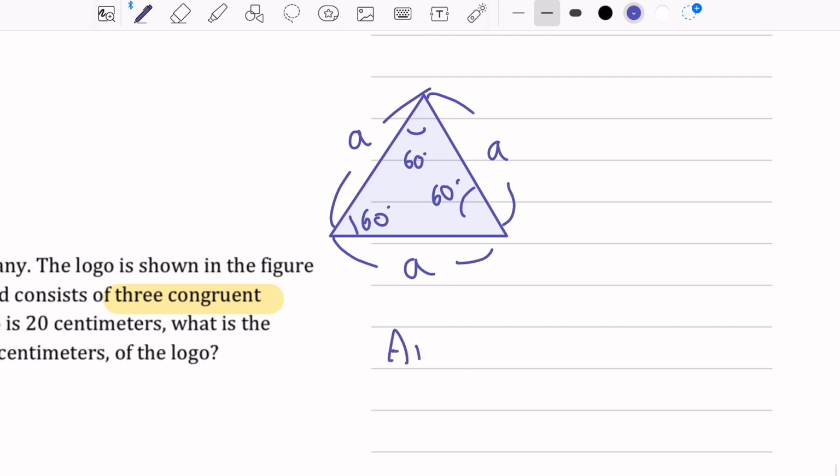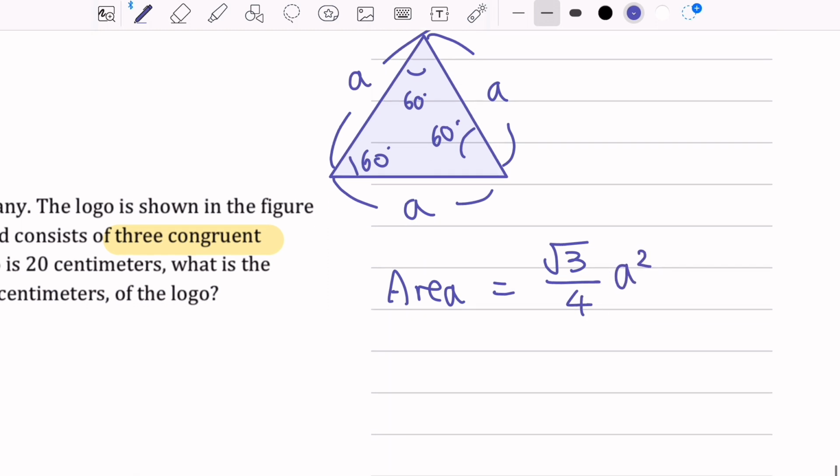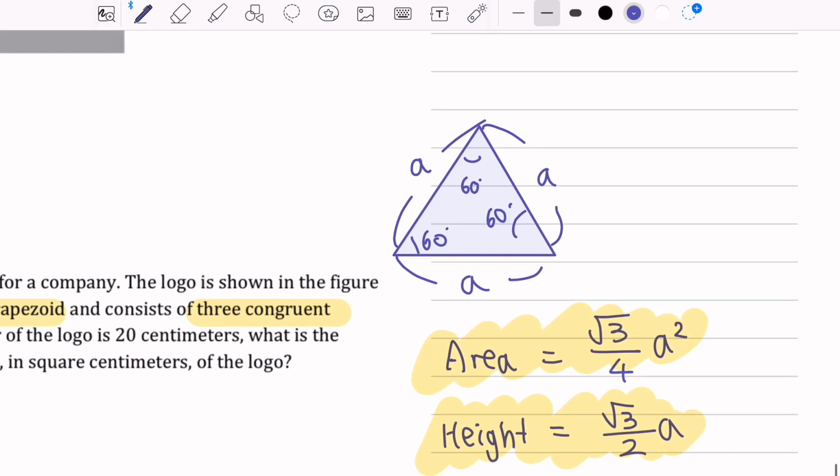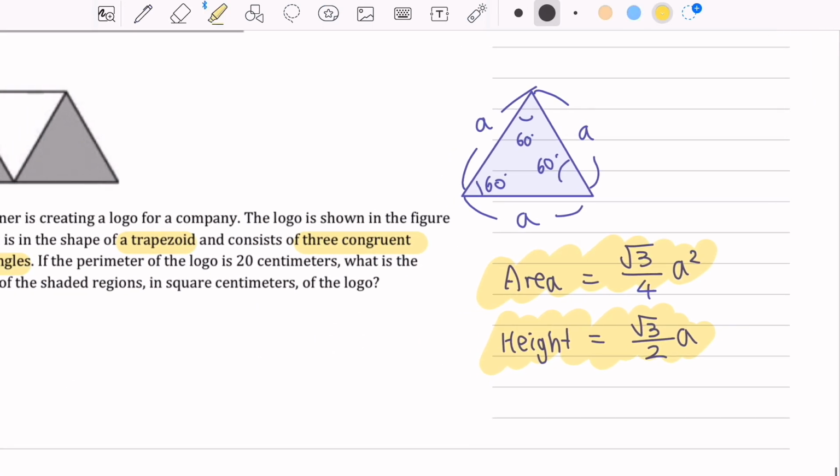The area of the triangle is always root 3 over 4 times a squared, and the height of the triangle is always root 3 over 2 times a. It is good to memorize these simple formulas so you can solve whatever question it is when an equilateral triangle comes up.